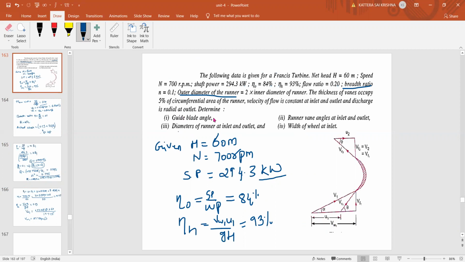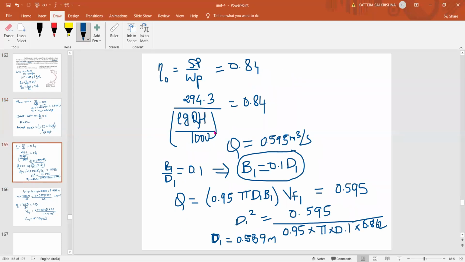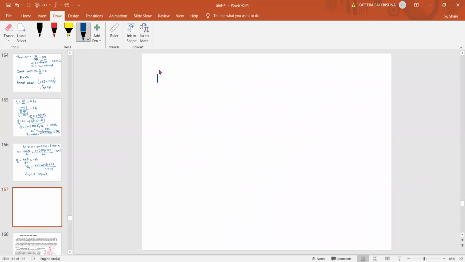So what he asked first, guide blade angle, that one only. So first thing, guide blade angle alpha we need to calculate. From the inlet triangle, tan alpha equal to VF1 by VW1. So alpha equal to tan inverse of VF1 by VW1.